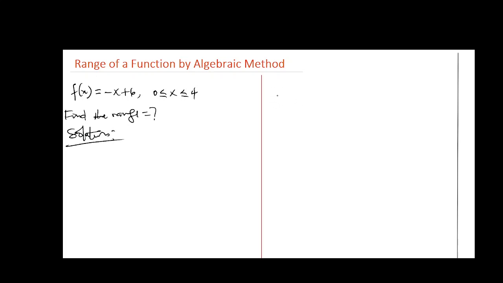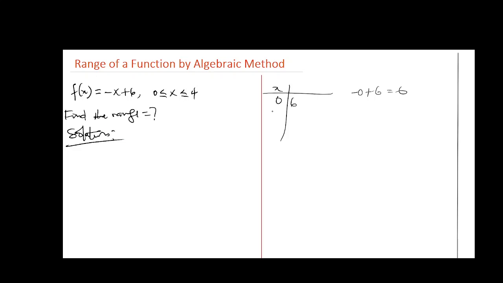First, let's try to find the values of x and the corresponding y, where x is between 0 and 4. So if x is 0, y will be 6. How? Because in the function we have minus x plus 6. So if we replace x with 0, we are going to have minus 0 plus 6, which will give us 6.